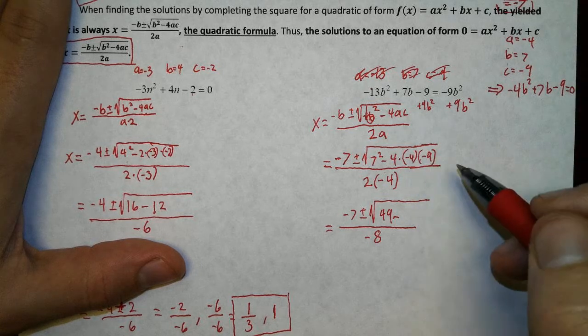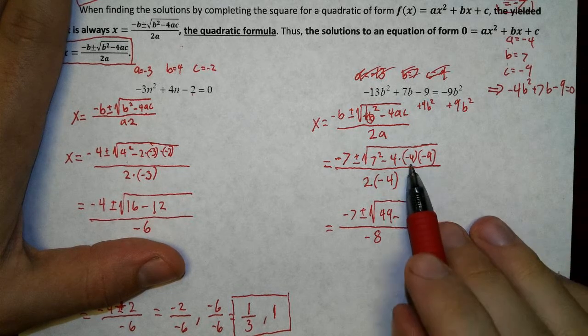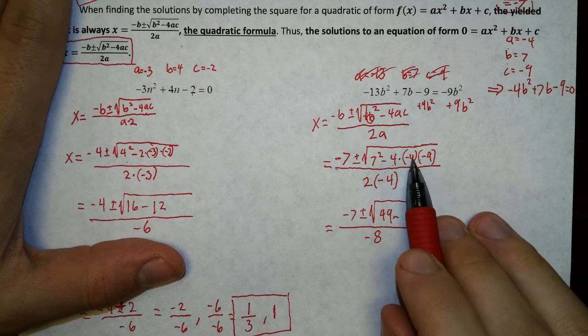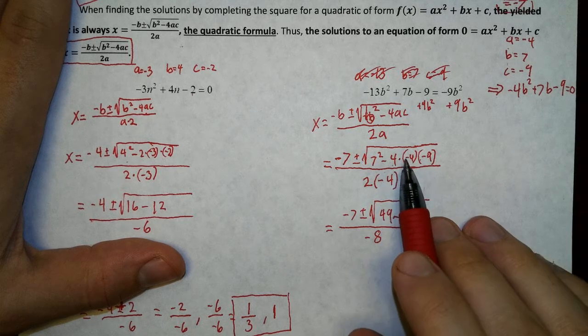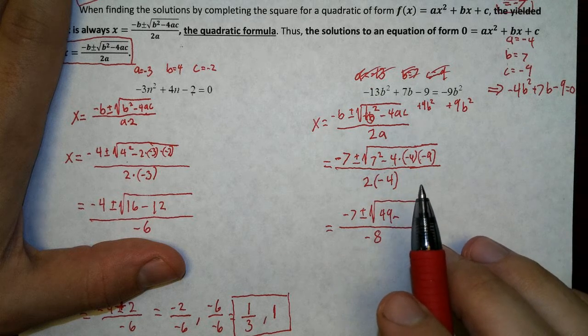So 4 times 9 is going to be 36. 36 times 4 is going to be, we have 4 times 36, so that's going to be 120 plus 24 is 144.